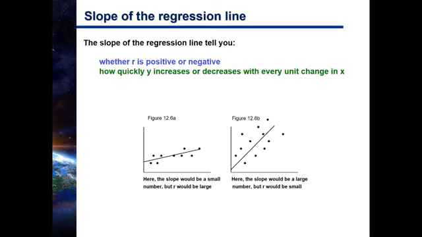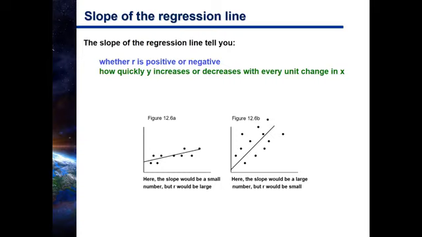All right, so that's the slope. And if the slope is negative, then we would just say when we move 1 unit on x, how quickly does y decrease? Right?